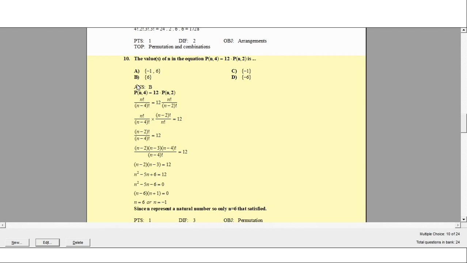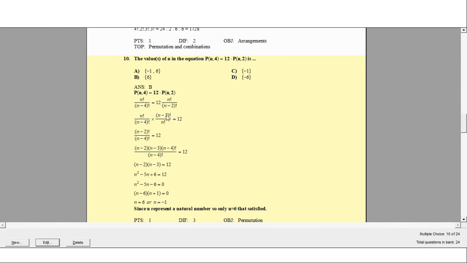So this is equal to this, right? But here you need to find the value of n, right? So we can use arithmetic here. After you expand this P and P using the formula of permutation like this, as I mentioned before, you can do cross multiplying here. So this one you multiply by n factorial, and this n factorial you multiply by this.